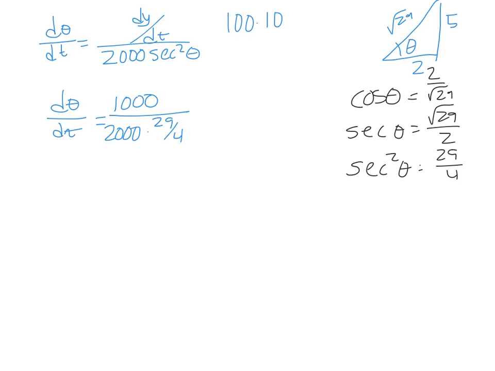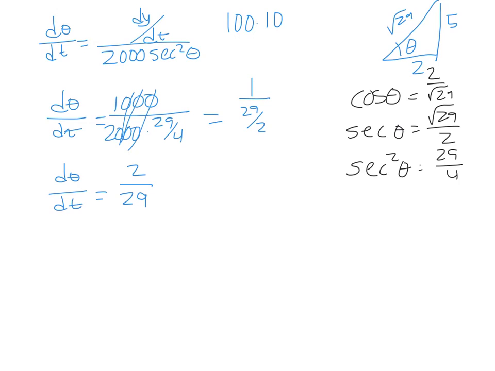Now I'm down to just evaluating this. You can double check my math here, but these zeros all cross out, and I'm left with 1 over 2 times 29 fourths. That would be 1 over 29 halves, which is just 2 over 29. So dθ/dt is 2 over 29.